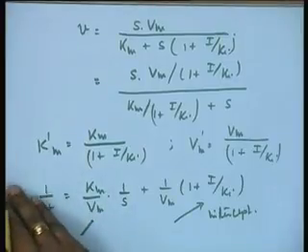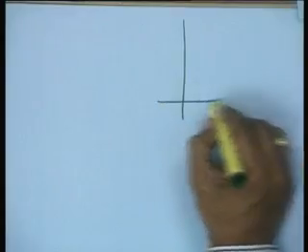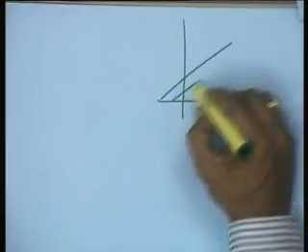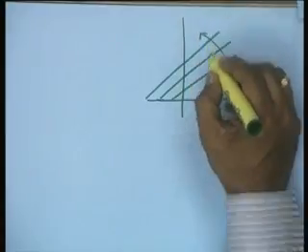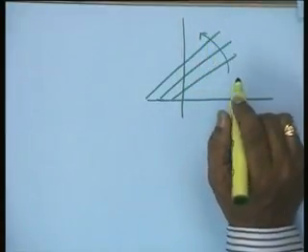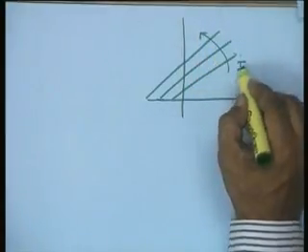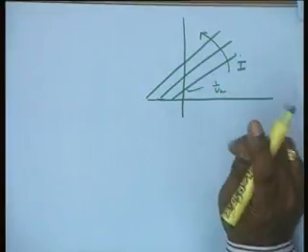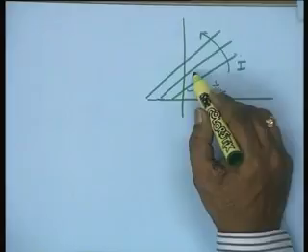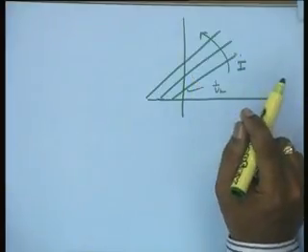So the typical pattern of an uncompetitive inhibitor is parallel lines, where the slope does not change, but the intercept value 1 upon Vm is increased by a factor of 1 plus I over Ki.